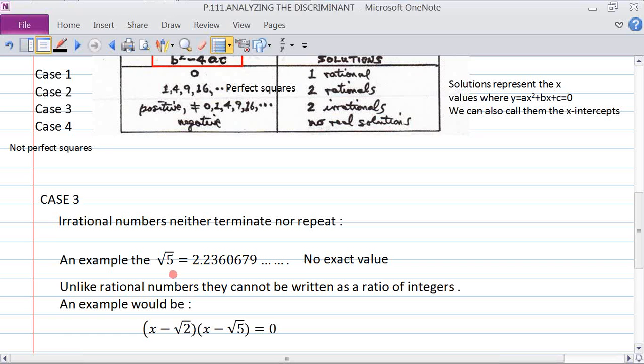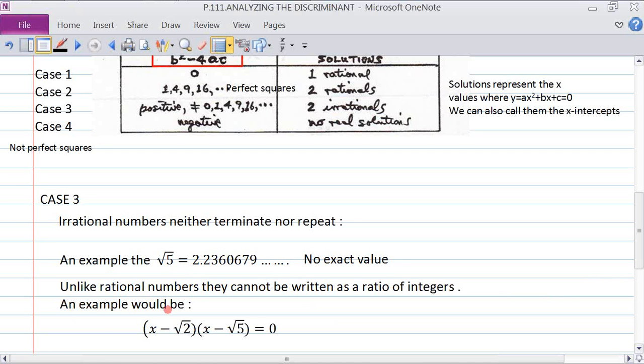So if you take the square root of 5, you get 2.23679. It keeps on going. There's no exact value for the square root of 5, and so it's an irrational number. It cannot be written as a ratio of integers.